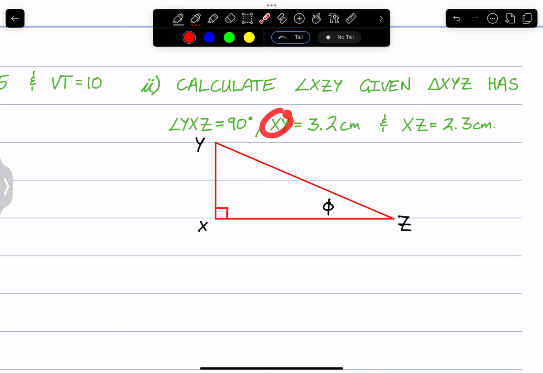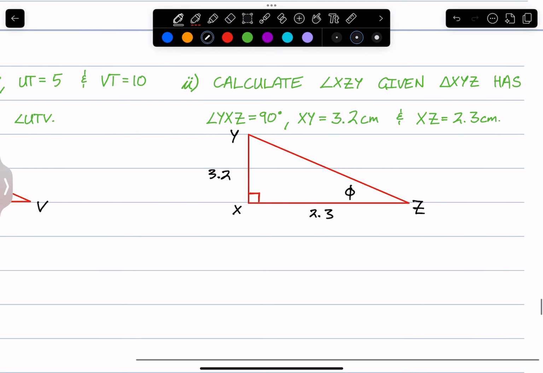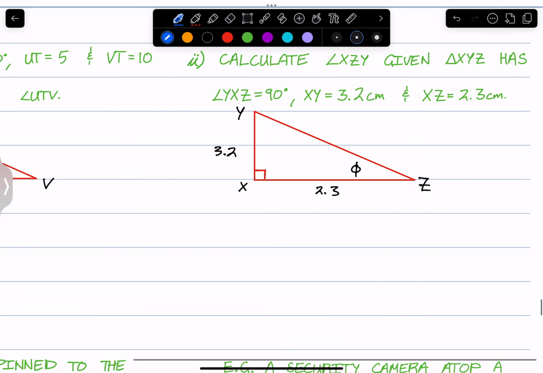And we're being told that XY is 3.2. It's in centimeters here. And XZ is 2.3. And that is how we would interpret this worded problem into a triangle.